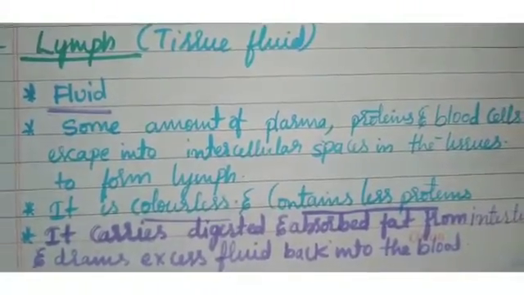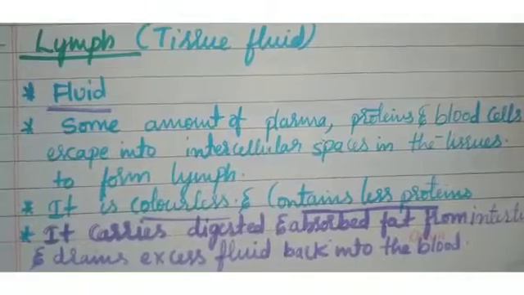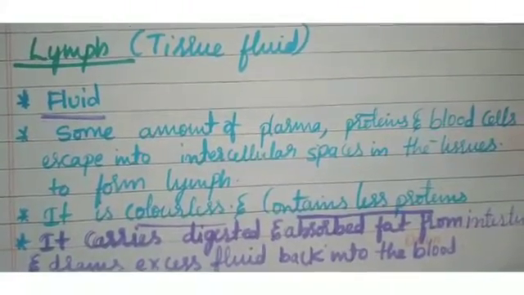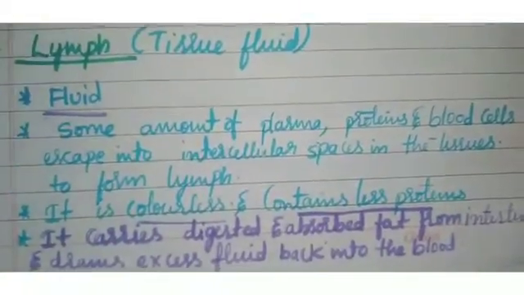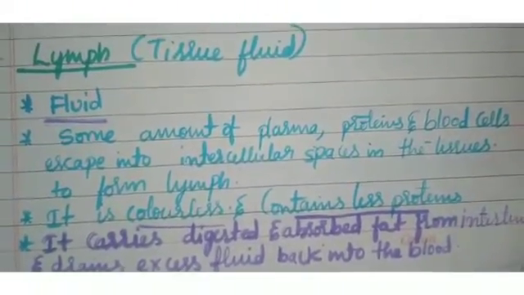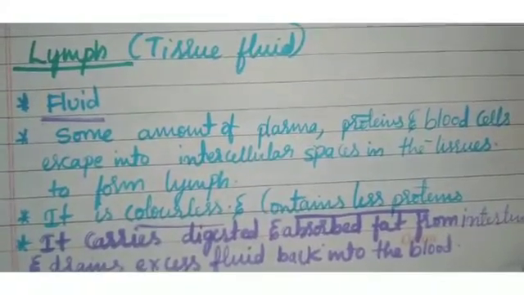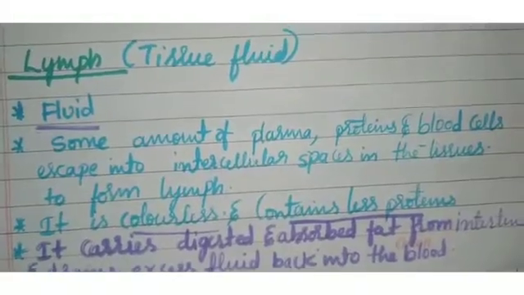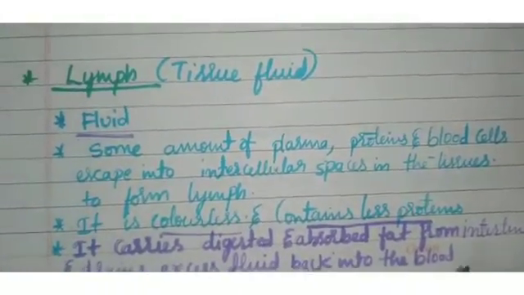All the lymph drains into the lymphatic capillaries from the intercellular spaces. One intercellular space is connected to another, and it is collected and finally opens into larger veins.